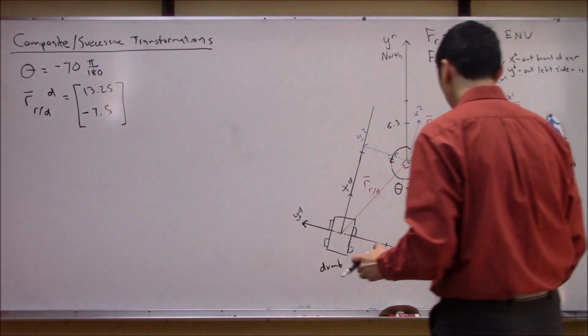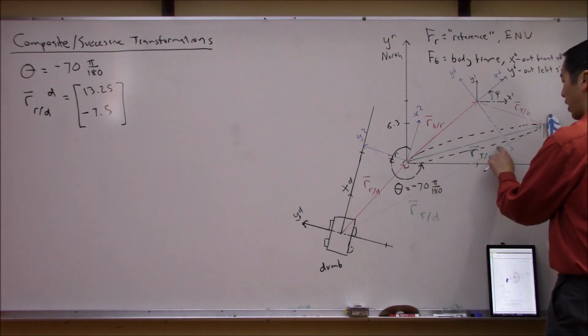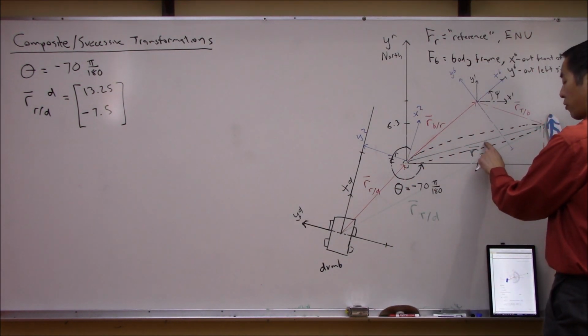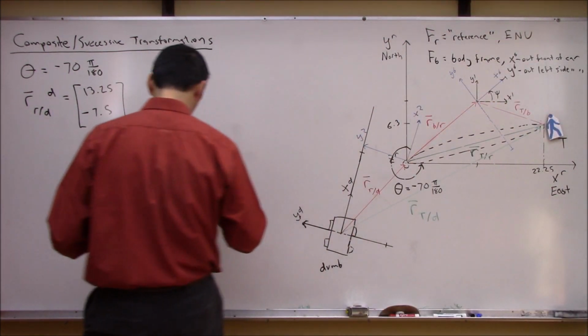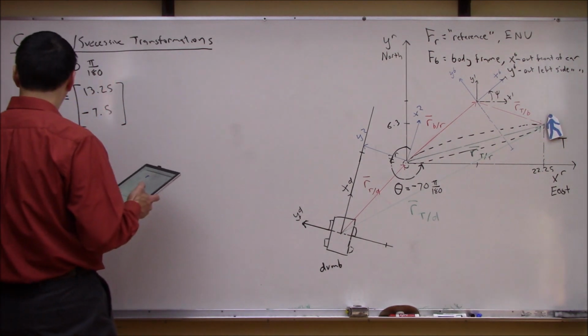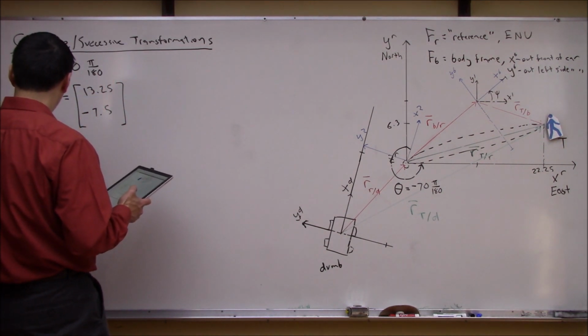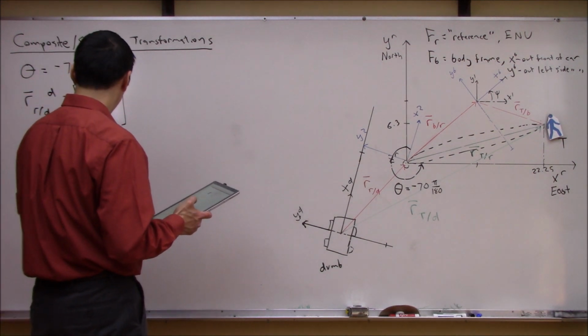Okay, great. And then the last thing we needed was this green one. I need RT with respect to R, expressed in the R frame. Let me write this down here. Where did I have that here? So we need RT with respect to R, which is what we just calculated, right?